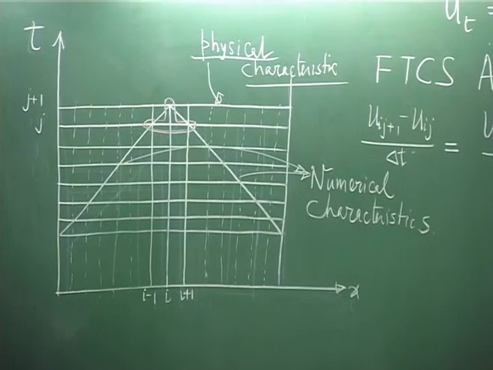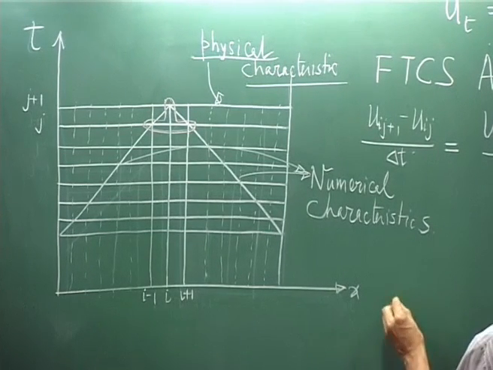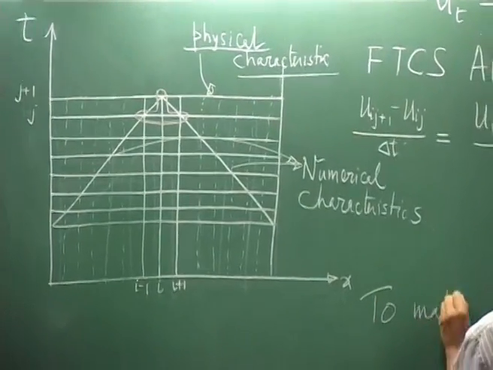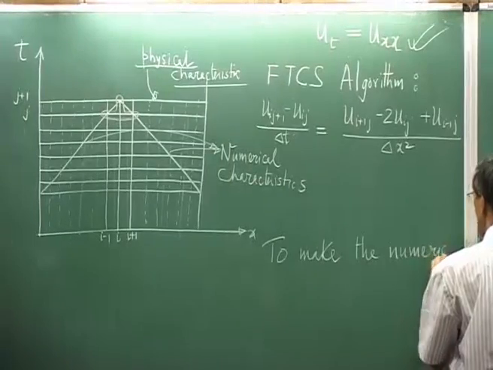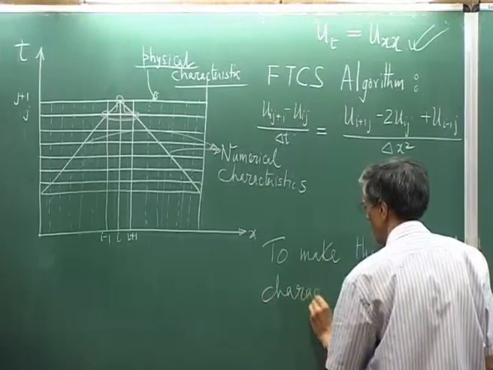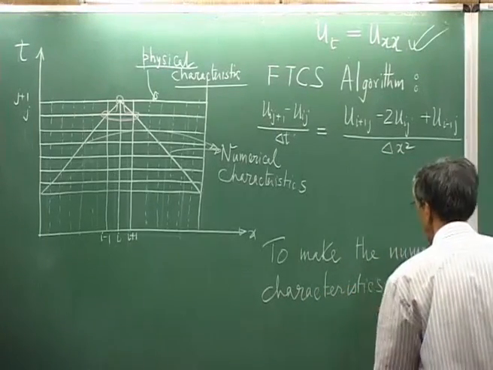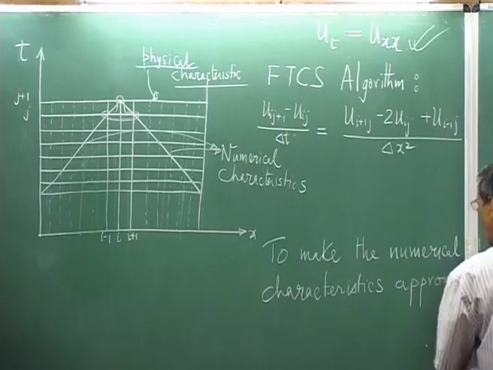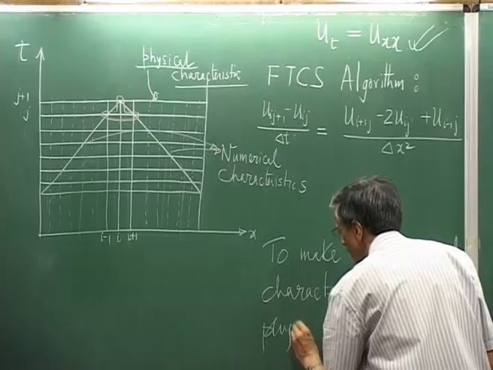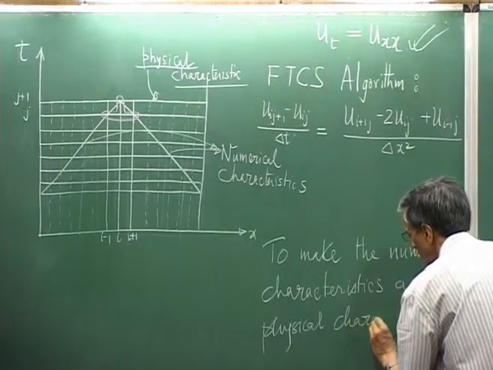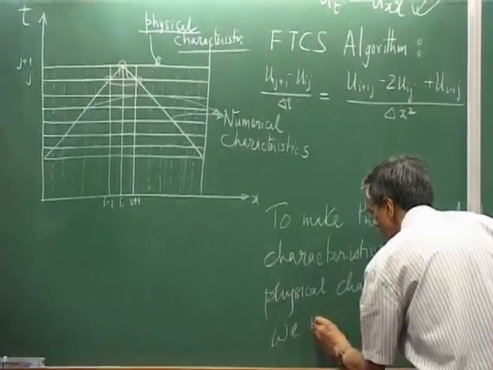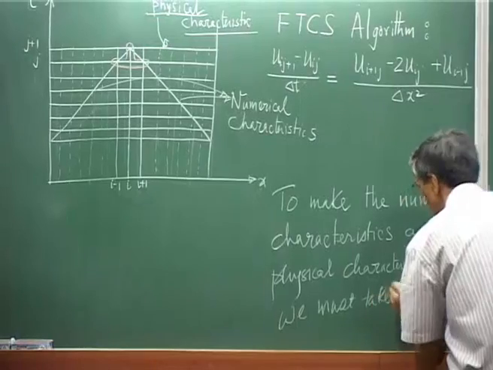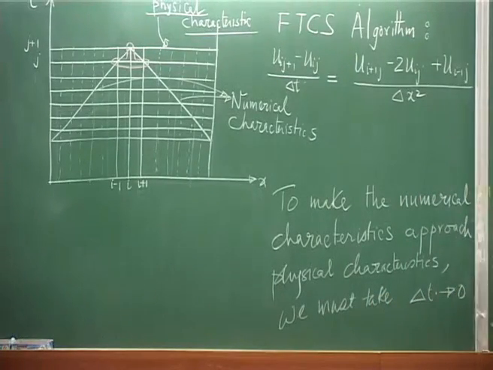So, delta t should be as small as possible. That is the rule of the game.